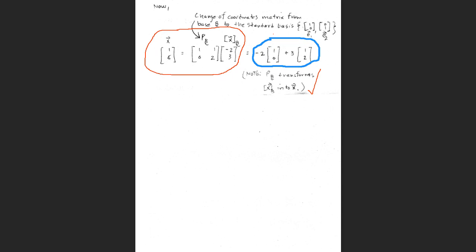So it's like you go back and forth between coordinate systems. Anytime you're given a vector x without any statement regarding what basis you're using, you assume it's the standard basis. So that would be i, j vectors, or i, j, k vectors.